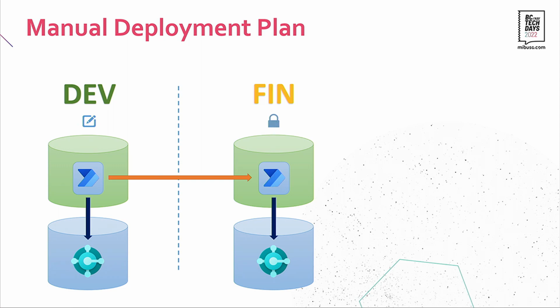To show you this, let me shortly again introduce my manual deployment plan. I have my development environment, and I ship my solution from development to finance, and there I run my flow to import the data into Business Central.